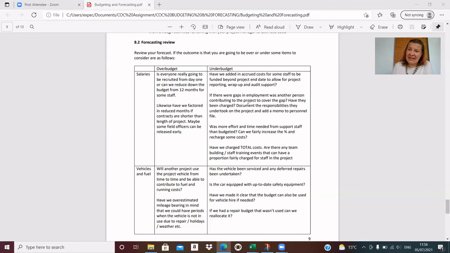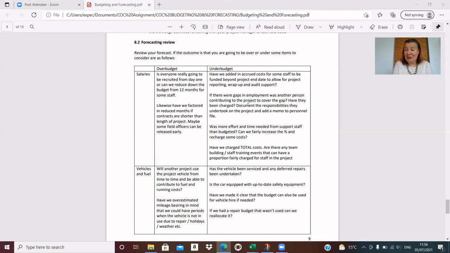Have we made it clear that in the case of our vehicle not being available or needing extra logistics in certain phases of the project, that it's okay to spend some of that budget on vehicle hire? And if we had a repair budget that wasn't used, well, can we reallocate it elsewhere?